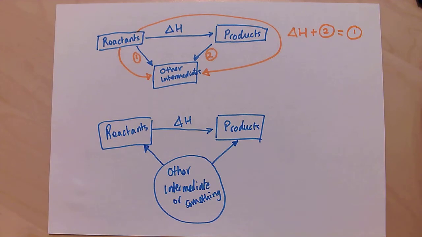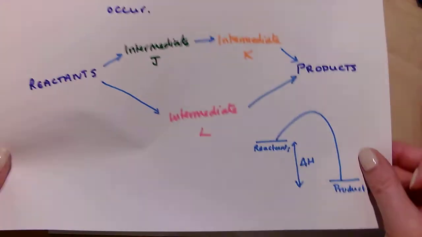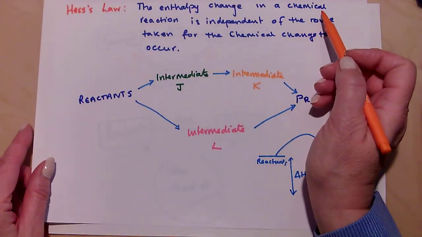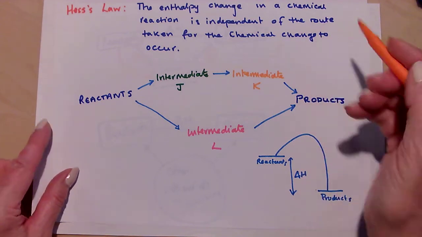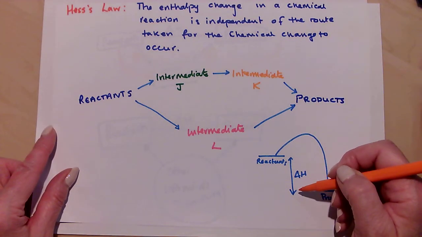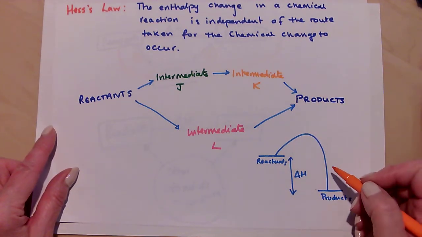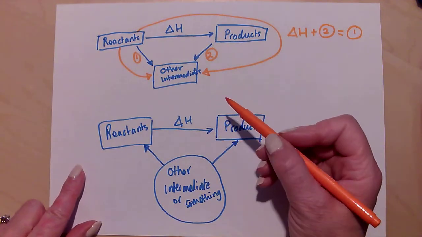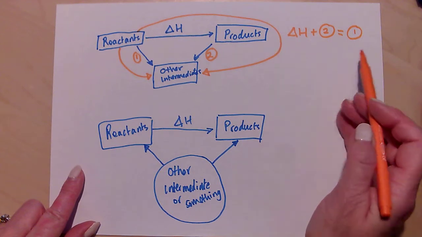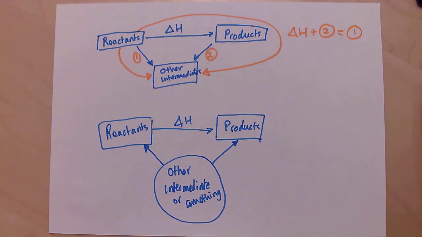Doesn't matter which way round you go, as Hess's law says, the enthalpy change in a chemical reaction is independent of the route taken for that chemical change. We're trying to find this enthalpy here. Doesn't matter which way we go, it'll be the same. So this is saying that we're conserving the enthalpy here.